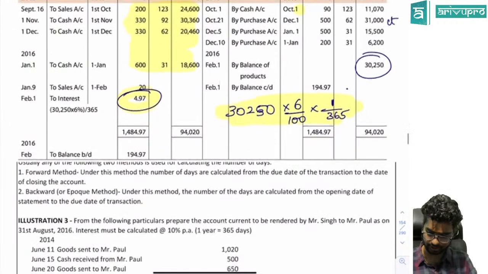So again, since the balance is on the credit side, I'll be writing it on the debit side.